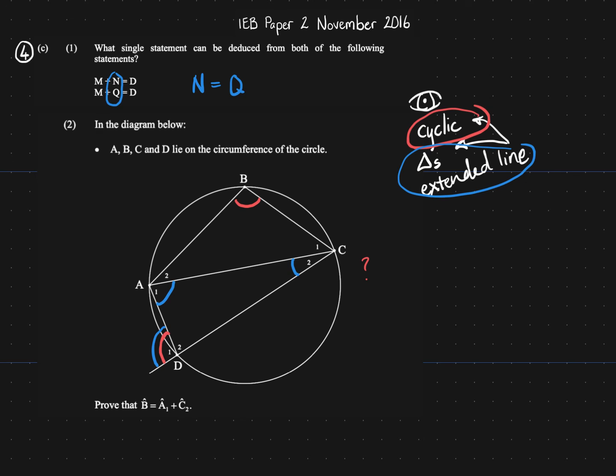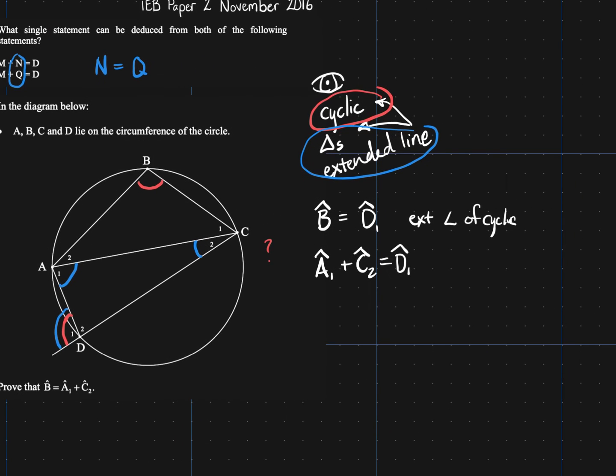So let's write that down. Let's say that B, angle B, is equal to D1. And that's because it's exterior angle of cyclic quad, blah. And then let's state the next thing, which is A1 plus C2 is equal to D1, and I'm going to scroll over now.